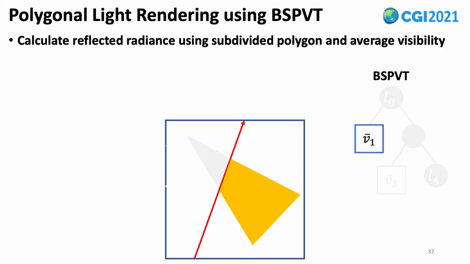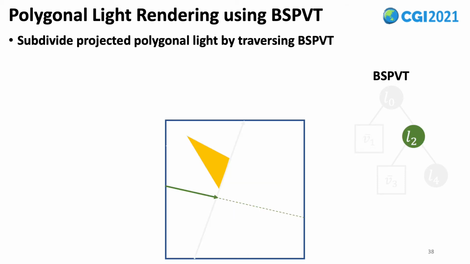If a leaf node with non-zero average visibility is reached, the reflected radiance due to this subdivided polygonal light source is calculated by using the associated average visibility. By repeating this process, the reflected radiance is calculated.